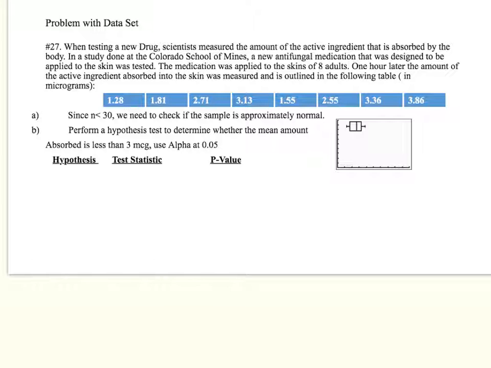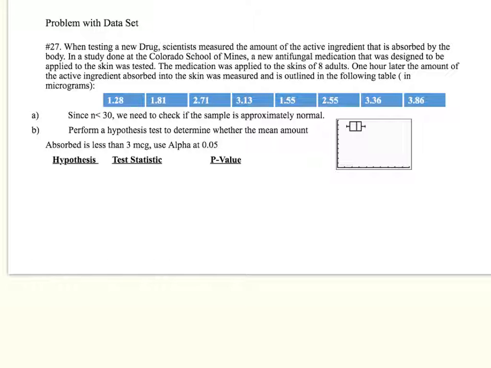When testing a new drug, scientists measure the amount of active ingredients that is absorbed by the body. In a study done at the Colorado School of Mines, a new fungal medication that was designed to be applied to the skin was tested.